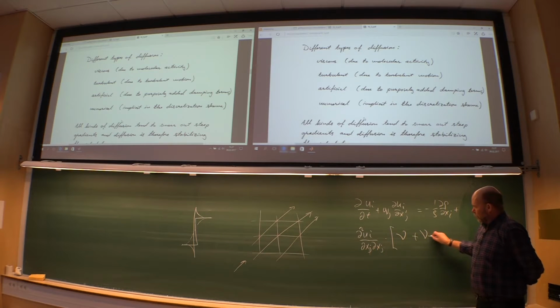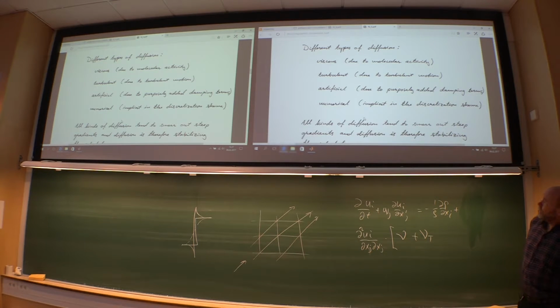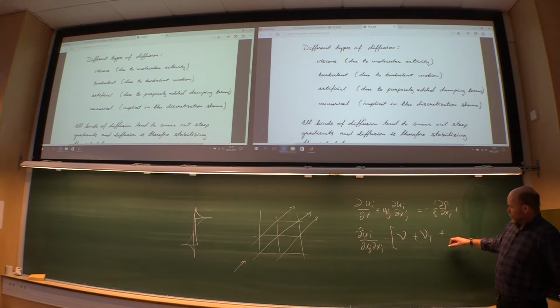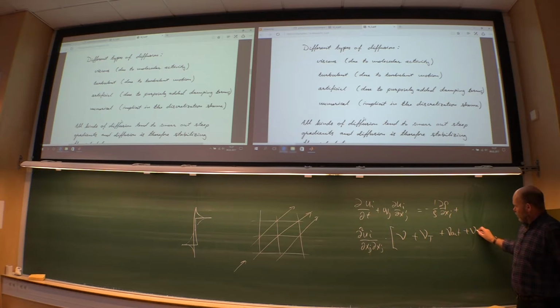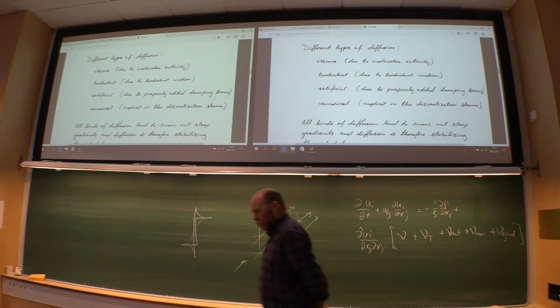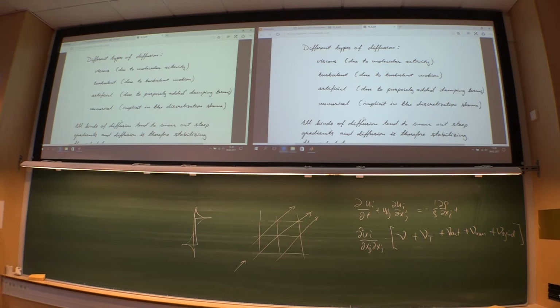Then you can have turbulent viscosity. Then we have the artificial, what should we call it, nu artificial. And then we have the numerical. And finally, grid. So if some of the terms in the square bracket are positive, that should help to keep things stable. Or to say it another way, if the square bracket is altogether negative, it's going to explode. So that will be one stability criterion we have to watch out for.